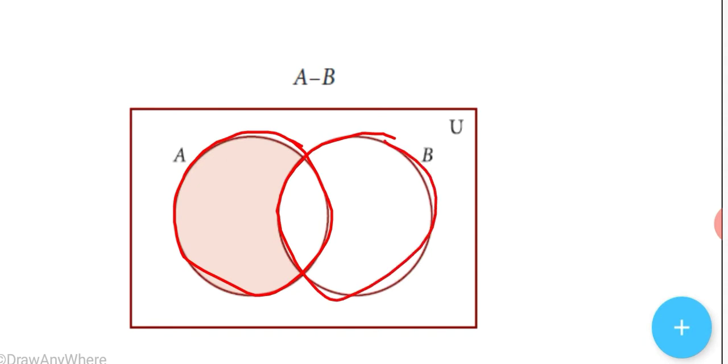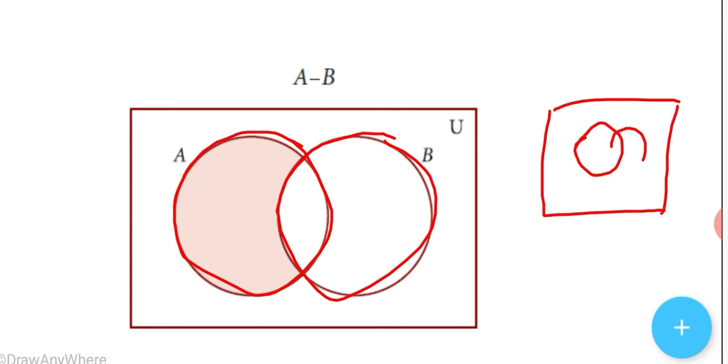Consider the universal set containing two sets A, B. This area is common to both A and B. But here we are going to find A minus B. A minus B means in the A and B circles we have to shade only the A region, which should not contain the B region.